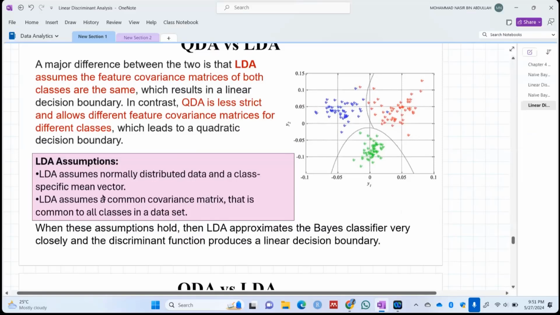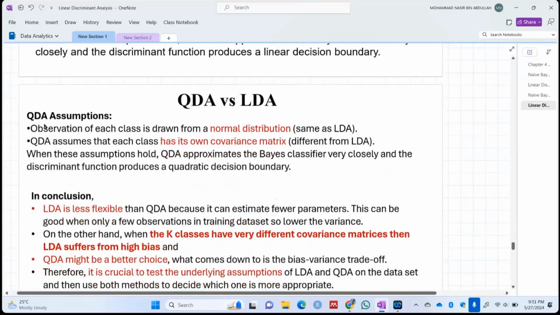So that is the only difference. You can see in my slide here. QDA assumes each class has its own covariance matrix, different from linear discriminant analysis. That is the only difference.